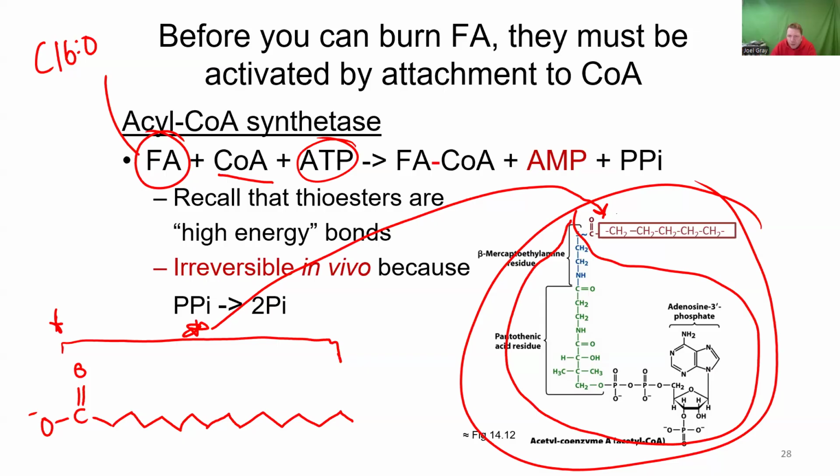And we use this molecule known as acetyl coenzyme A, or coenzyme A, to basically flop the business end of that fatty acid onto. Okay, so we make this acetyl-CoA is what it's called.